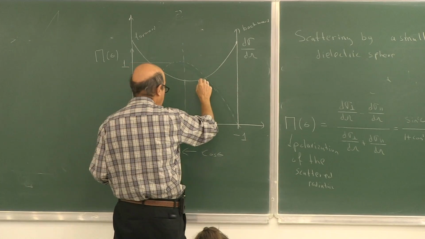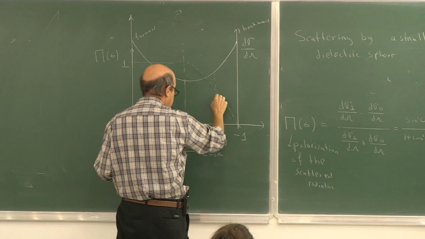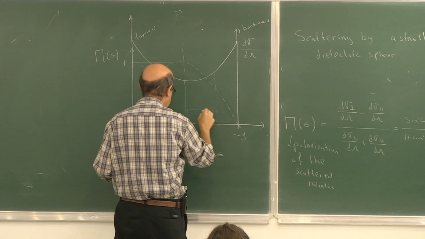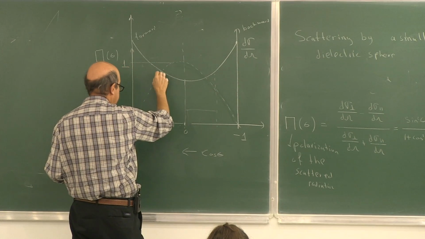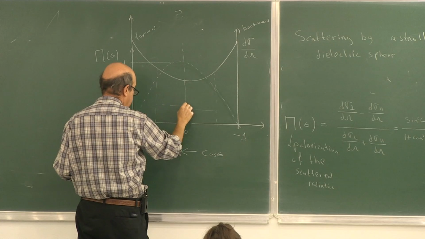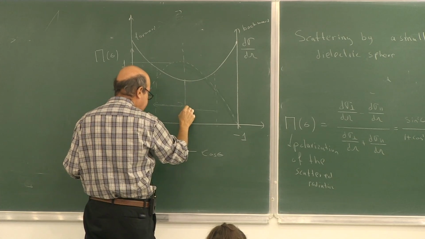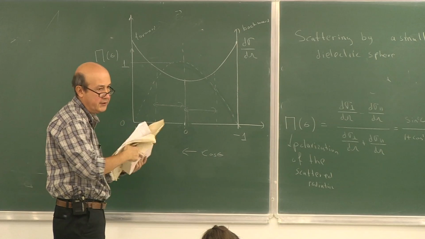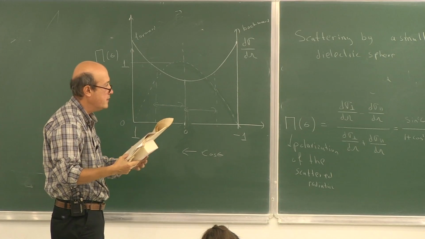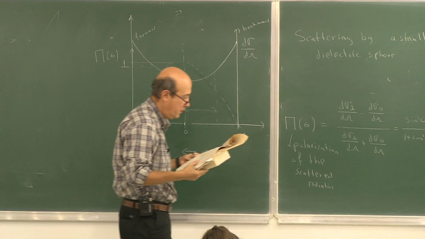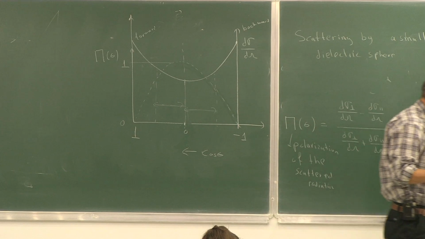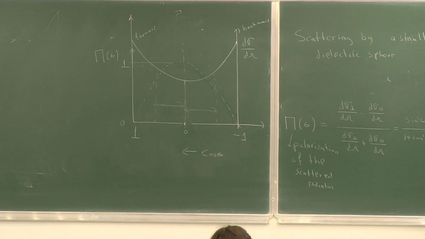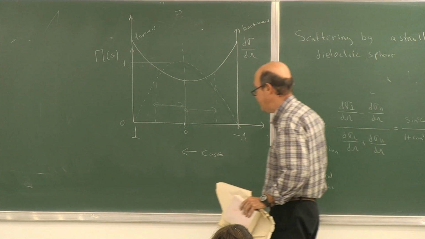So the same amount of scattering is at some angle here and some angle here. If you take the same angle relative to the 90 degrees, the intensity will be the same. So that will be even along the angle 90 degrees.